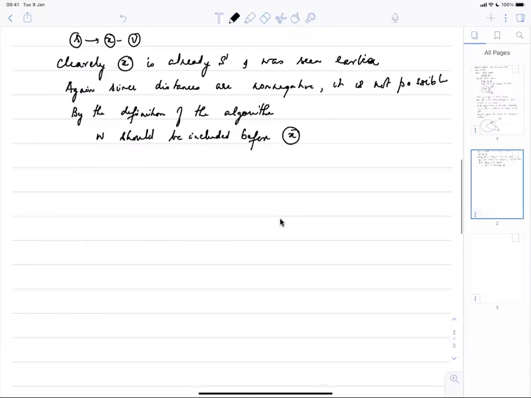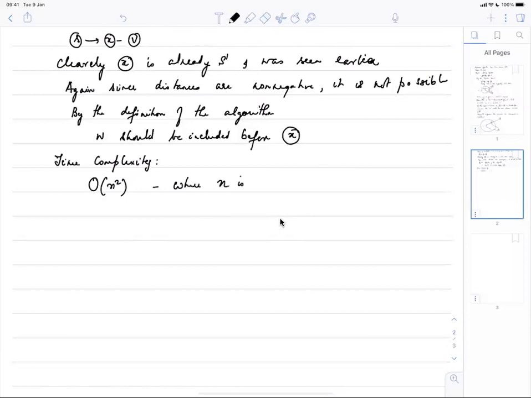What's the time complexity of the single source shortest path problem? Complexity is order of n squared, where n is the number of vertices.